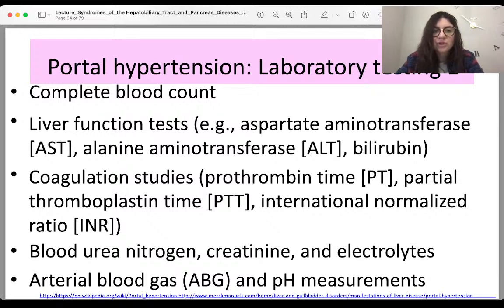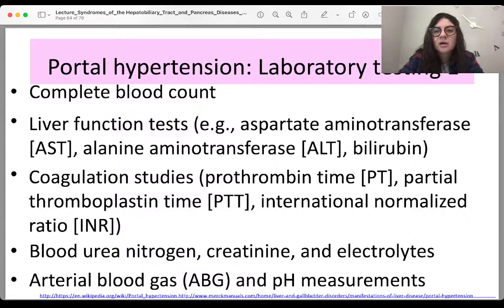Laboratory testing for patients with portal hypertension. First of all, as for most patients, it is CBC, or complete blood count. It is obligatory. Then liver function tests, especially aspartate aminotransferase (AST) and alanine aminotransferase (ALT), including bilirubin.